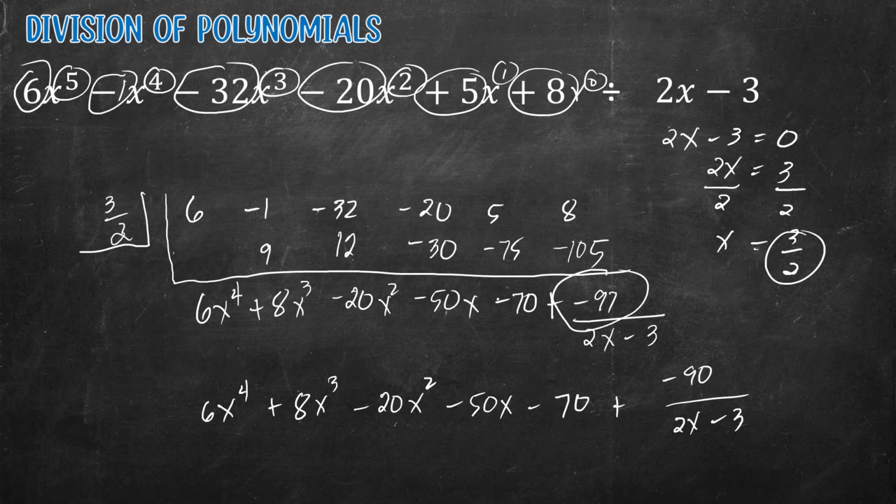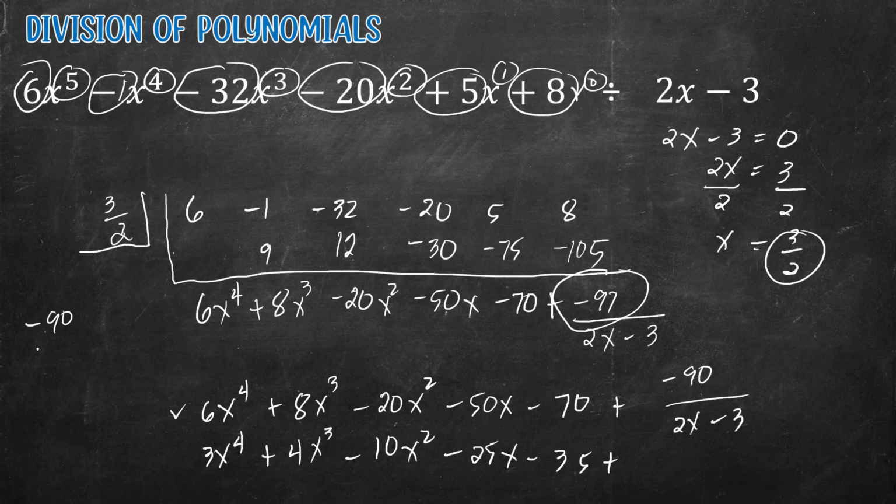So, si 6x raised to 4 magiging 3x raised to 4 na lang plus 4x cubed minus 10x squared minus 25x minus 35 plus si negative 97 over 2x minus 3, pag divide natin yan into 2, it will become times 1 half. Times 1 half tayo ngayon.